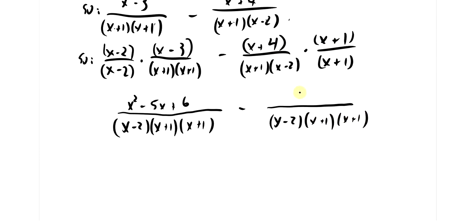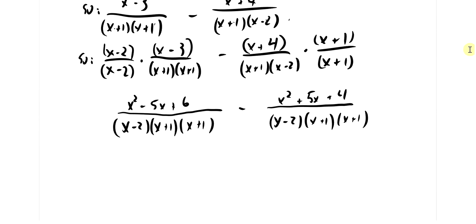And x plus 4 times x plus 1, when you multiply that out, that becomes x squared plus 4x, oops, sorry, x squared plus 5x plus 4. Okay, so that's not too bad.